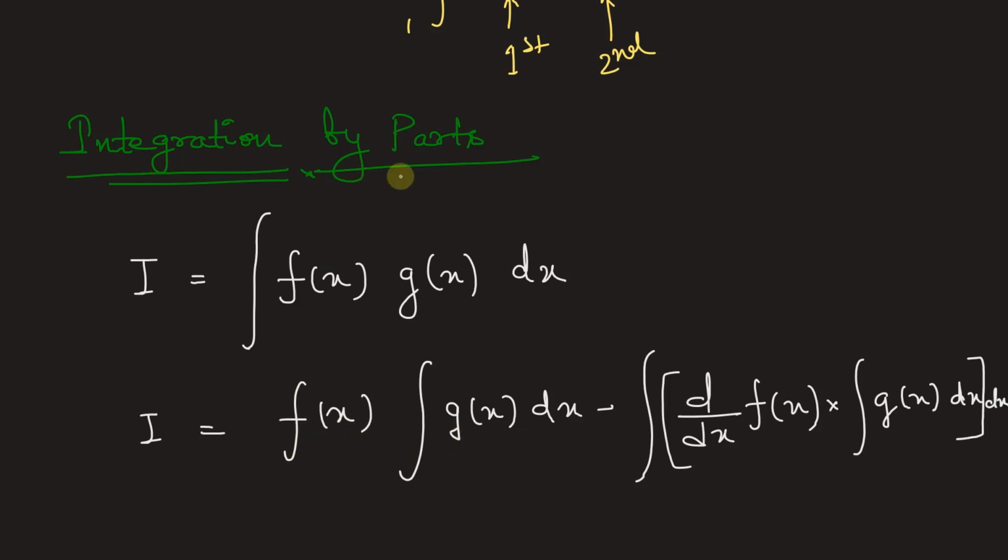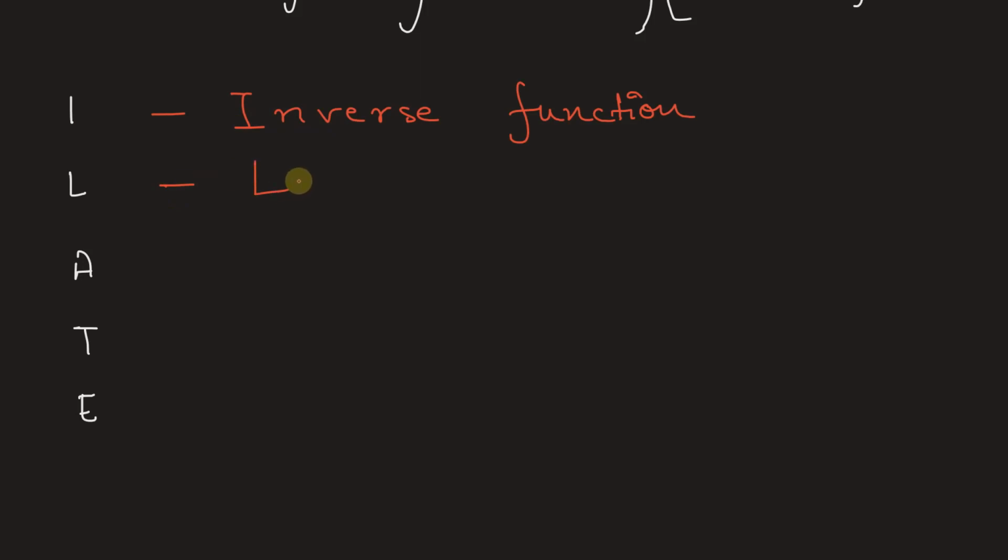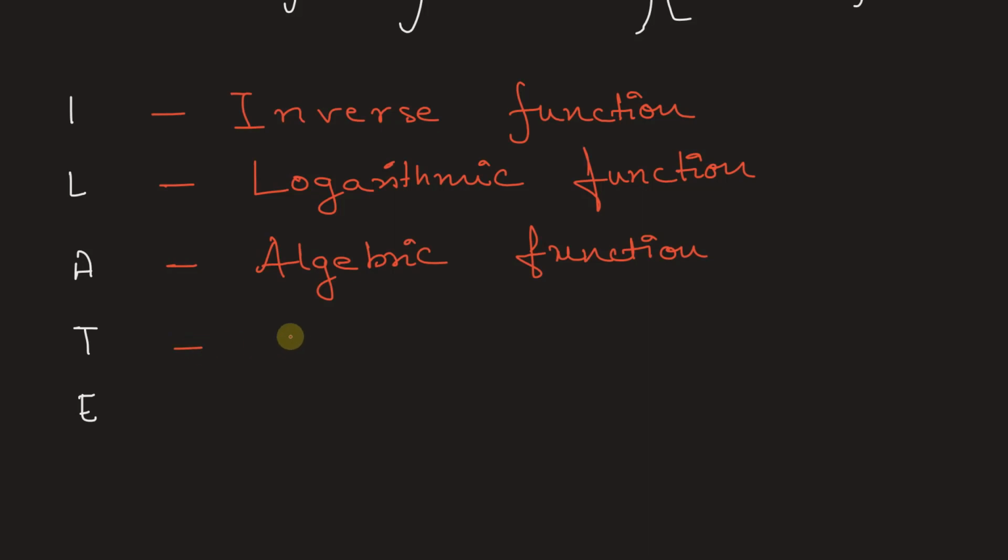In integration by parts, to select the first function we follow a certain rule called ILATE. I stands for inverse function, L for logarithmic function, A for algebraic functions, T for trigonometric function, and E for exponential function.